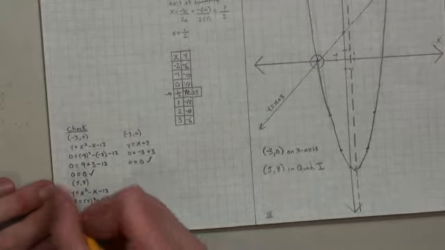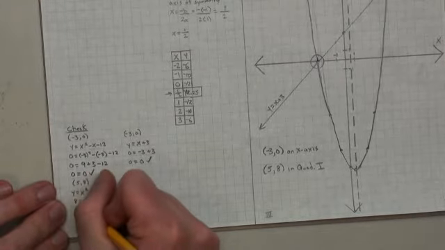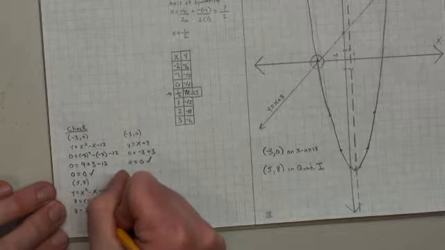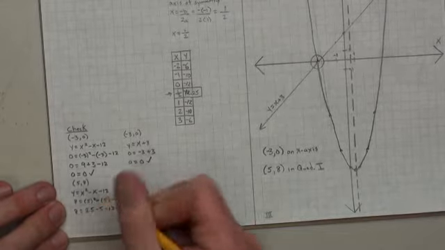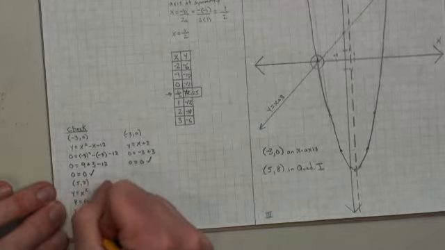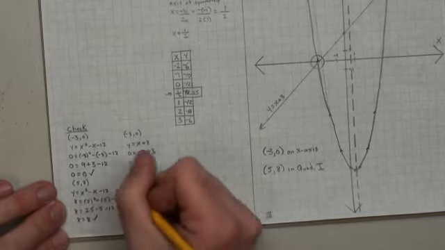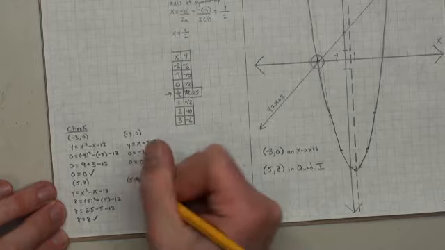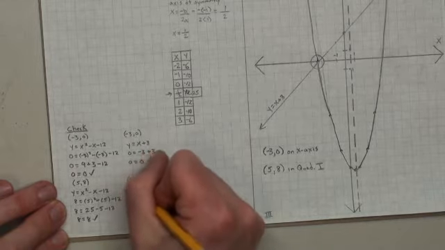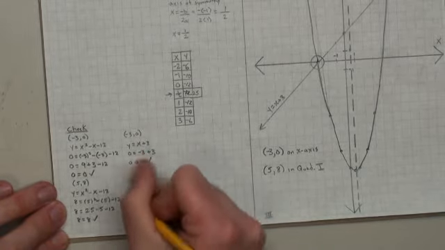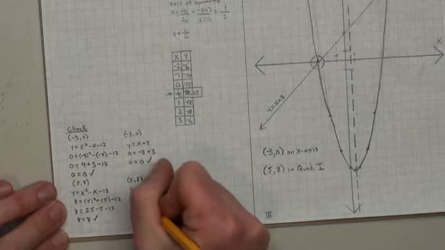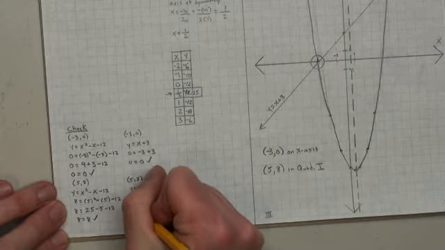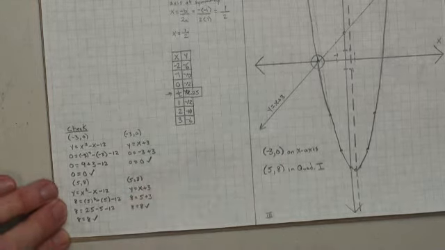Okay. 8 equals 25 minus 5 minus 12. 8 equals 8. It checks. And let's check it now again in the other equation. Y equals x plus 3. 8 equals 5 plus 3. 8 equals 8. And it checks.